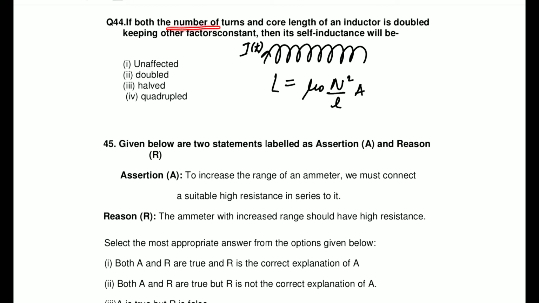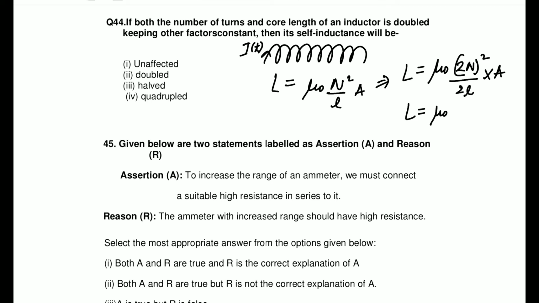So if both the number of turns, this is your number of turns, and the core length, this is the length, are doubled and other factors remain constant, then what will happen? Your L is equal to mu naught, you double the number of turns, so this becomes 2n square, and you double the core length also, so this becomes 2L, multiplied by the area, and all the other things remain the same.